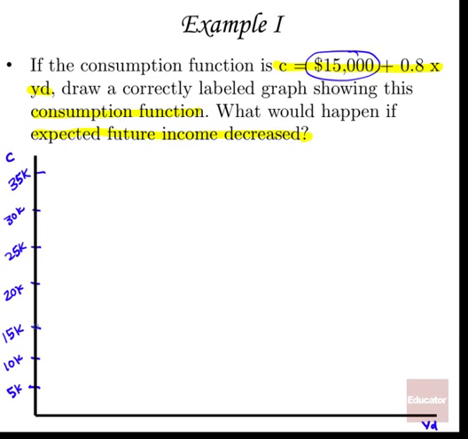So basically what's going on is that no matter what, you're going to spend $15,000 no matter what your income. There's no relationship. That's the constant here. So let's say your income is $10,000. Okay, so you have 0 right here. You have, let's go in increments of 10, 20, 30.